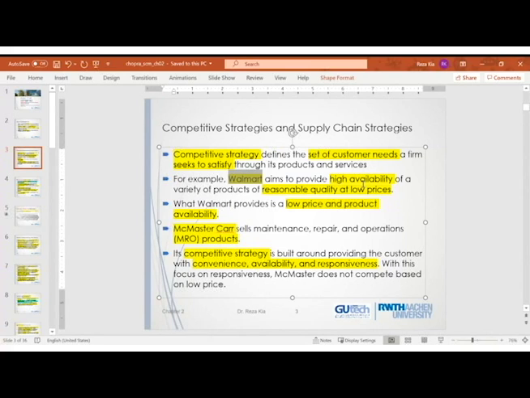So here the responsiveness, the short delivery time, is more important than the cost. So the competitive advantage provided by McMaster-Carr here is responsiveness.